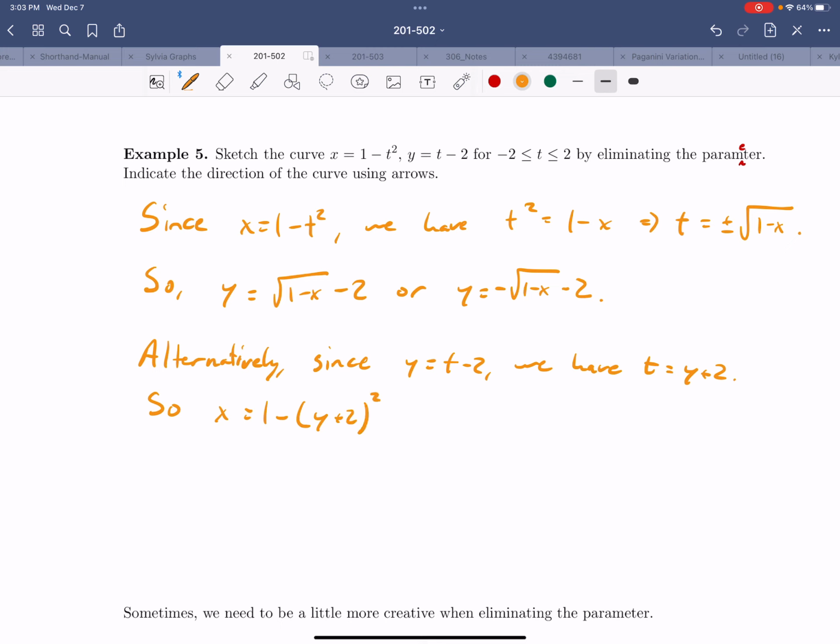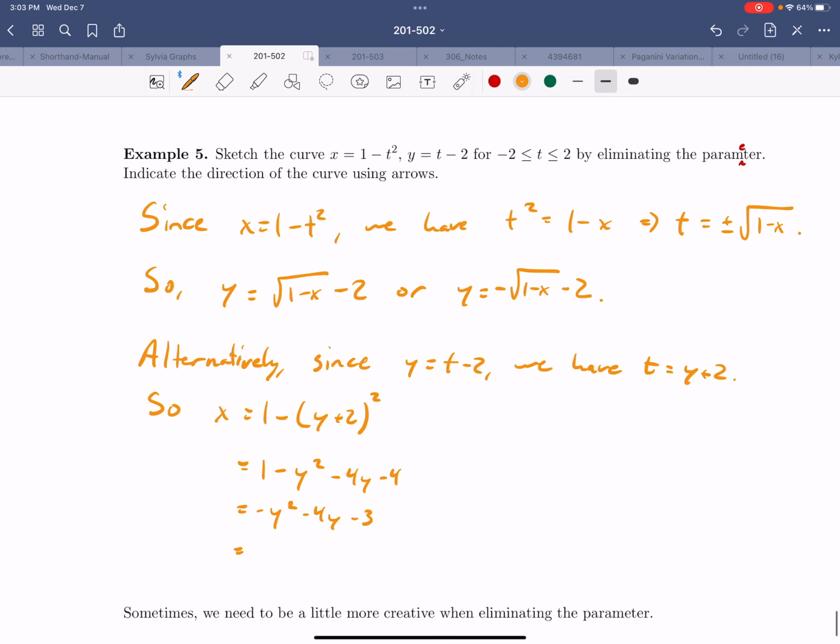And if we wanted to do this out, because we are sketching the curve, this we can tell is a sideways parabola. Can do this out. 1 minus y squared minus 4y minus 4 equals, let's see what we have here. This we're going to cancel with that. We have negative y squared, negative 4y, negative 3.